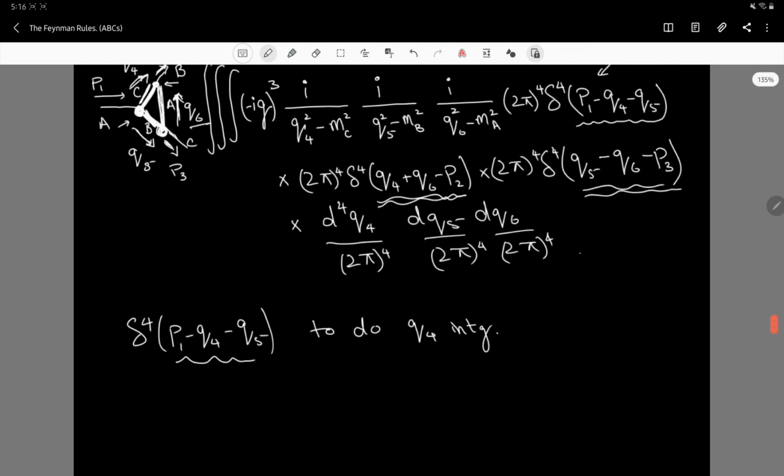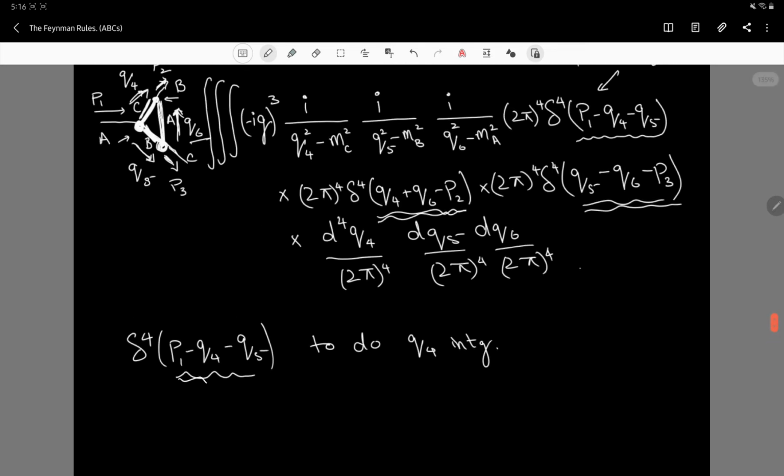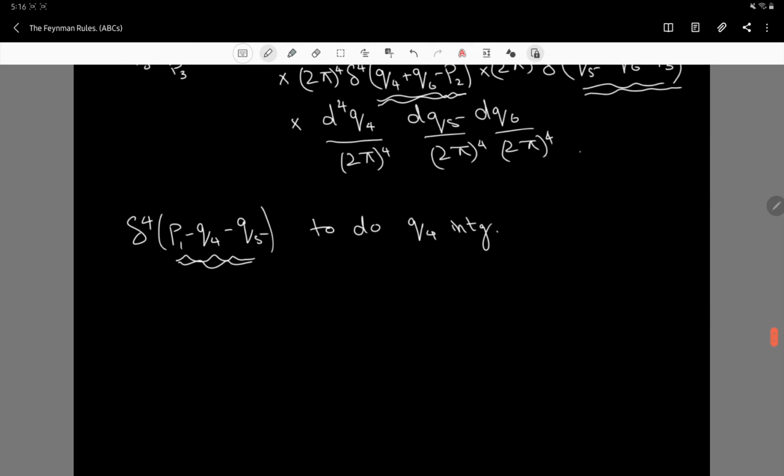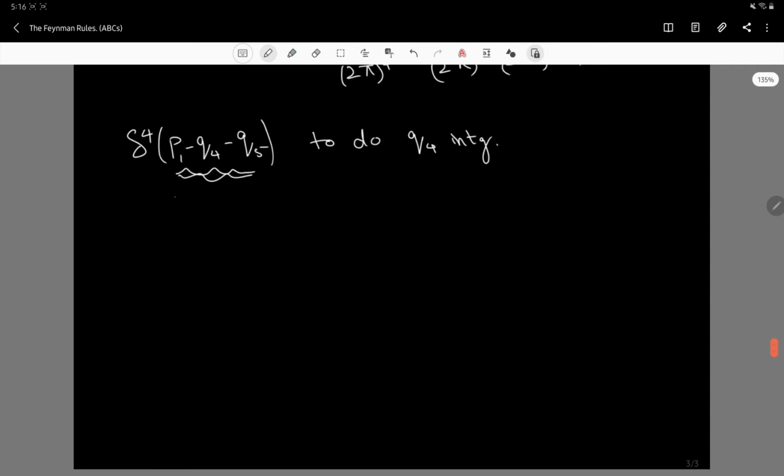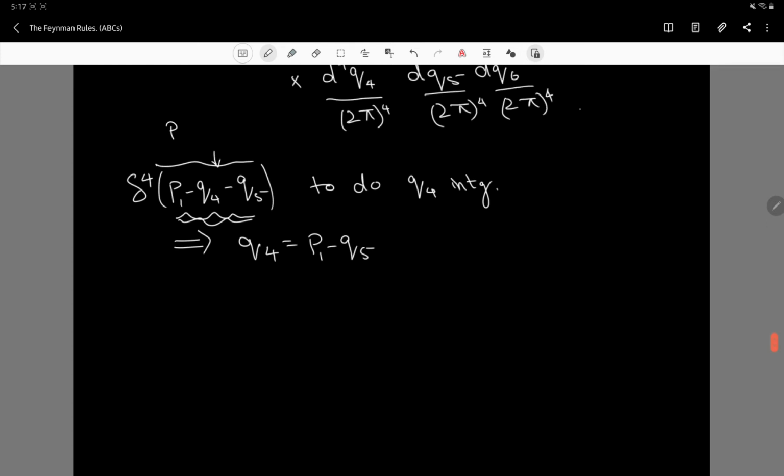This implies that q4 is simply equal to p1 minus q5, since p1 minus q4 minus q5 is equal to 0.